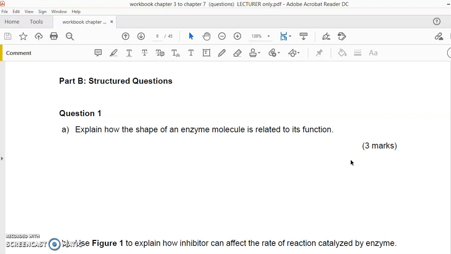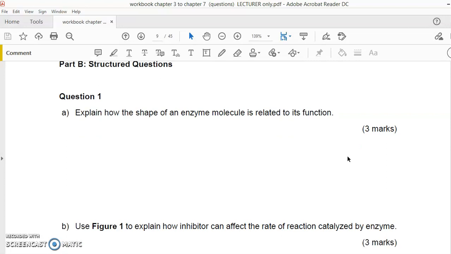Okay, in question number 1A, the question is: explain how the shape of an enzyme molecule is related to its function. We are looking at enzyme, and normally an enzyme has various shapes of active site.